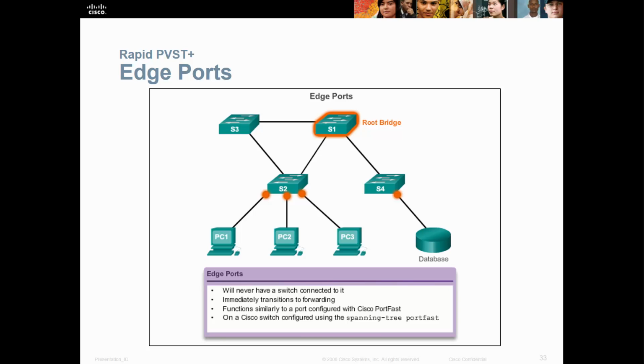Because again, they're going through this election process: electing the root bridge, electing the root ports, designating the root ports, the discarding ports, the alternate ports, designating the designated ports, designating the edge ports, and it does this within the first 10 to 15 seconds of the switch being powered on.